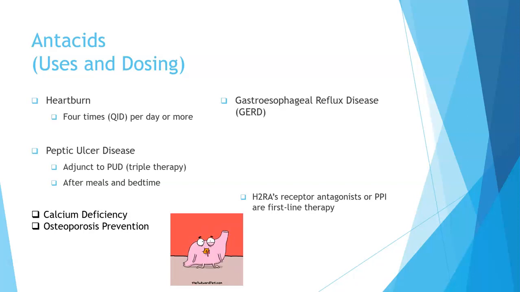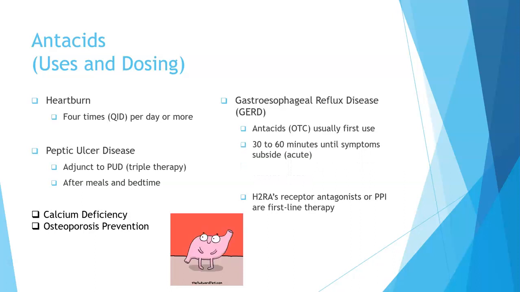For gastroesophageal reflux disease, or GERD, over-the-counter antacids are usually the first use. And those are 30 to 60 minutes until symptoms subside for acute cases, and then for maintenance, after meals and bedtime.